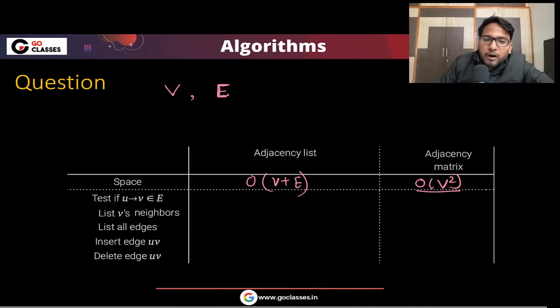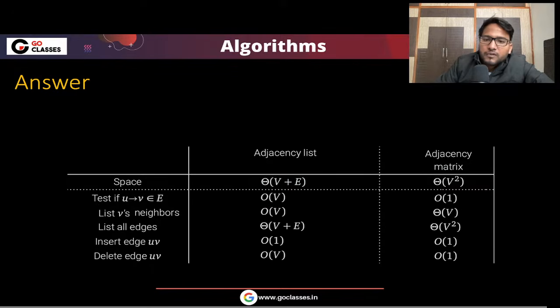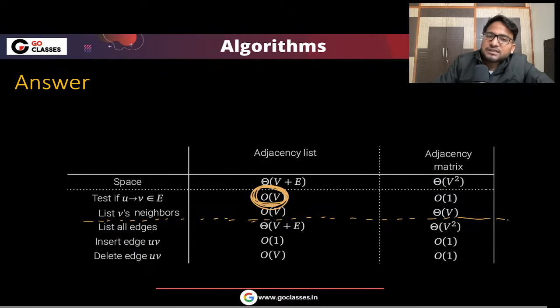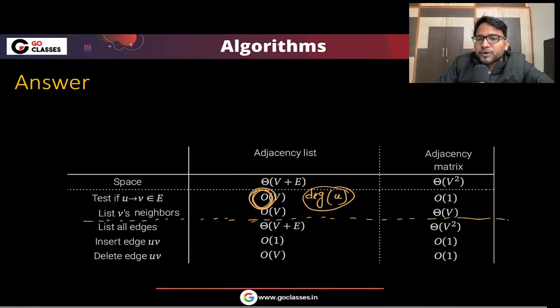So if you want to list all the neighbors of v, you will be taking order of v time here, and here you will be taking degree time, but degree of u can be as large as v. So that's why I'm just writing the upper bound. It is not wrong. I'm just writing the upper bound because this is big O, and this is degree of v. This is also not wrong.